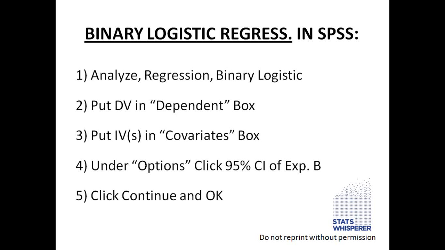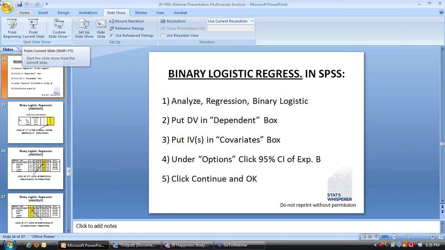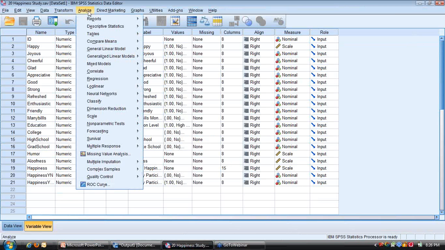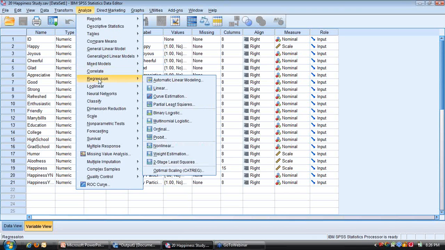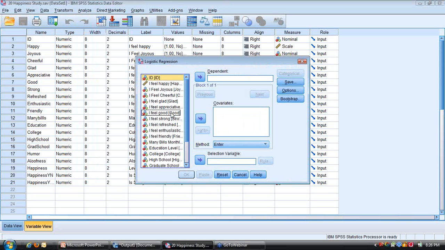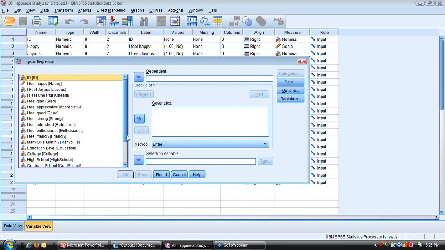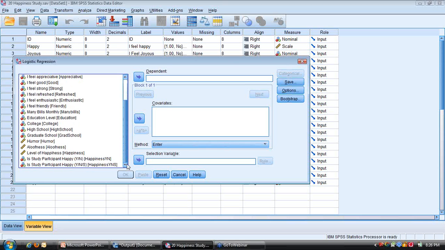So let's give that a try. So analyze, then regression, and binary logistic, right? Just like it said. Stretch it out. Now we got to find what? Happiness, two categories, yes, no. Right. Is the study participant happy?